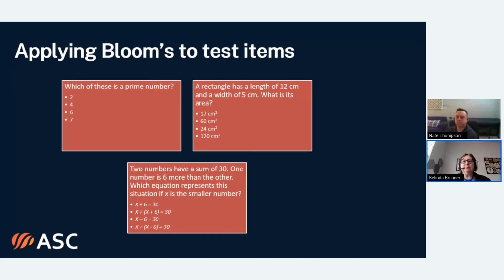Most of us probably would think that is a remember or a recall question, and I would agree with that. There's a little bit of knowledge that you have to apply, but this is probably mainly recall.